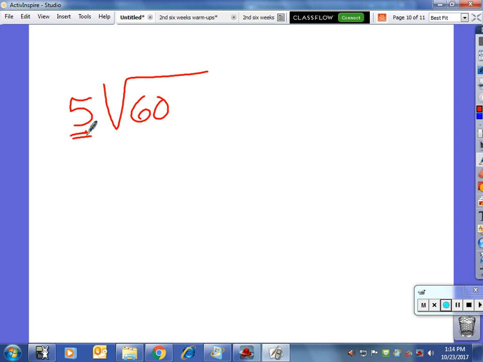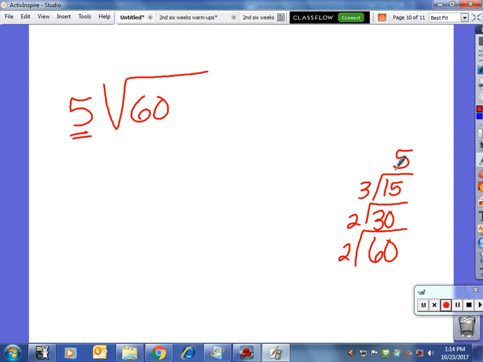Whatever comes out, it's already got a number out there that it's got to multiply by. So still start with 60 and break it down. Go, break it down. Okay, just pretend like the 5's not there for a minute. Just do the 60 like we've been doing.